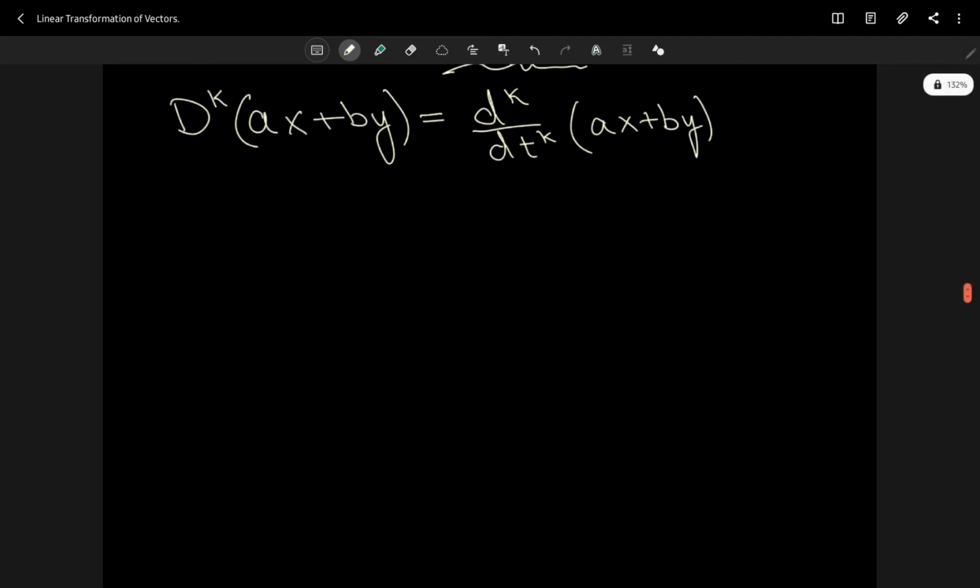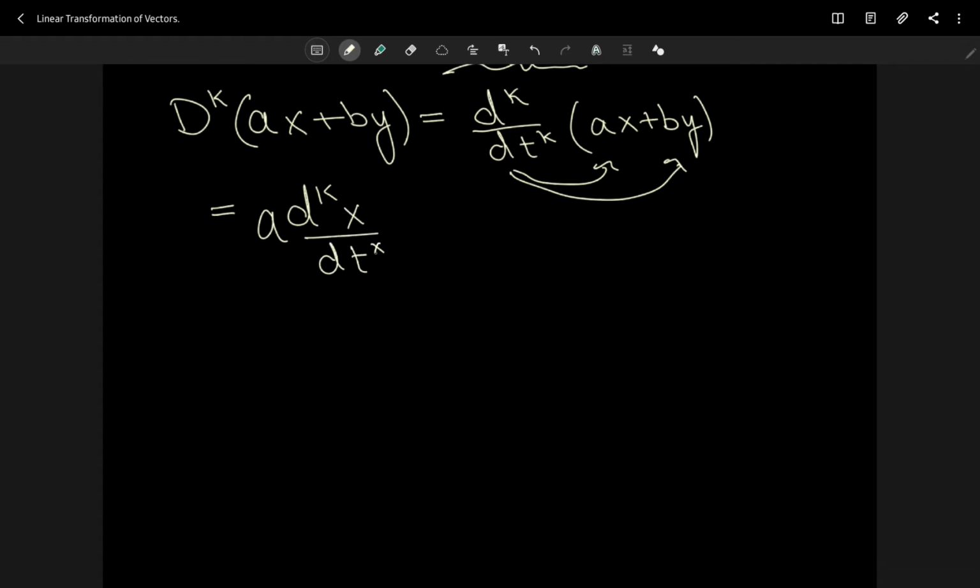And with this then you can distribute this in both of these, and what you would have is then a, but that's a scalar, so that comes outside of the operation, and you are left with d^k x over dt^k plus b times d^k y over dt^k.